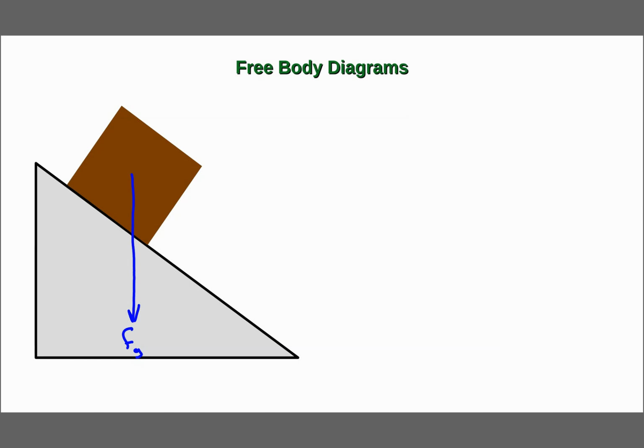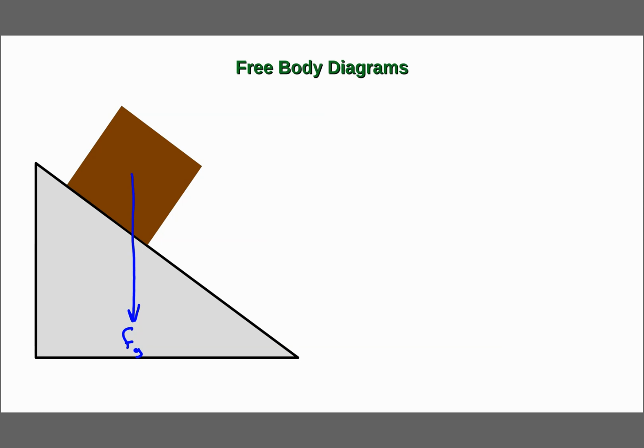F sub g. Okay? And that's it. That's the earth pulling on the block. So that's the force that's acting on the block. We know that it's an interaction between the block and the earth, but the part of the interaction that acts on the block is just this part, where the earth pulls the block down. Okay? So the earth is pulling the block straight down, but we know that it isn't in free fall, right?